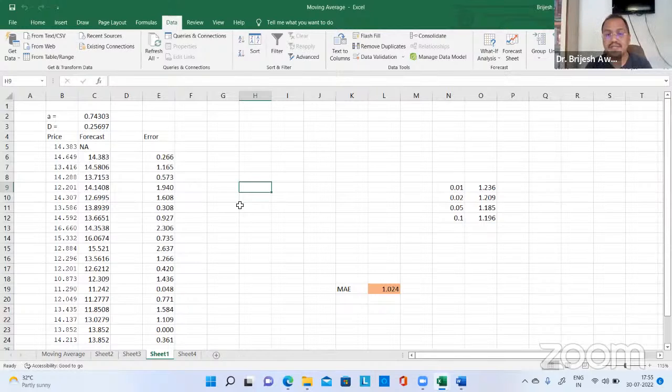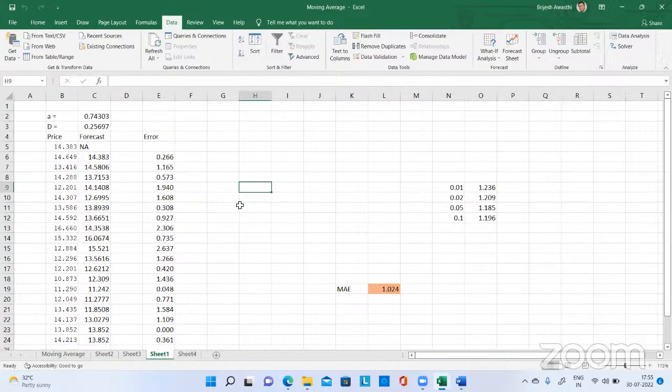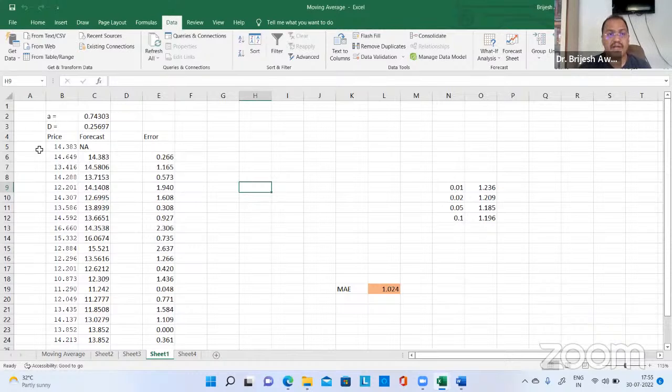So this is the value of the smoothing factor through which you can do forecast, so that the difference between the forecast and reality is minimum. Definitely we know very well that forecasting is not reality, but our effort is only to minimize the difference between reality and forecast. With this smoothing factor, you can see the differences: 0.266, 1.165, 0.57, 1.94.